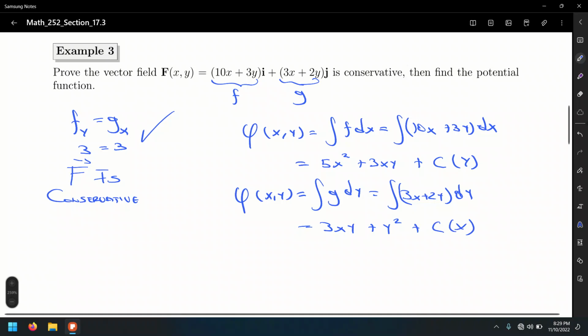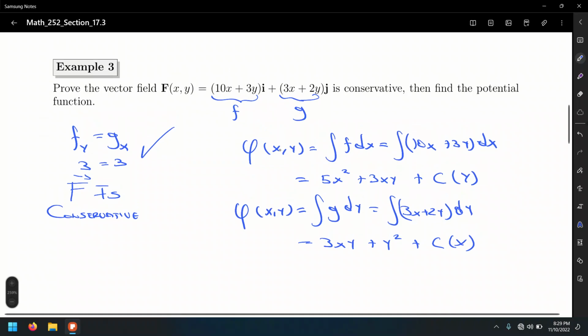So here is where this c of y and c of x is going to make more sense. Notice when we integrate with respect to x first, we got 5x squared plus 3xy plus some term that depends only on y. But do you see that this term that depends only on y appeared here?